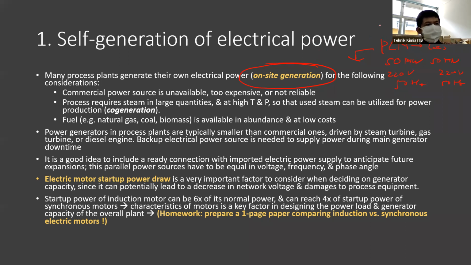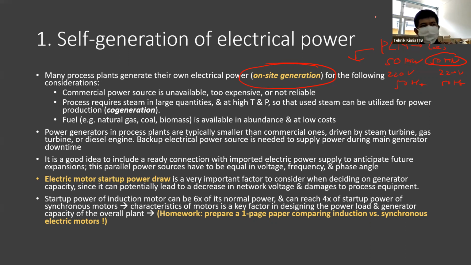So if PLN supplies us with 50 megawatts, or if the consumer needs 50 megawatts, then PLN will have to supply 50 megawatts, maybe plus minus 0.1% or 0.05%. Why?